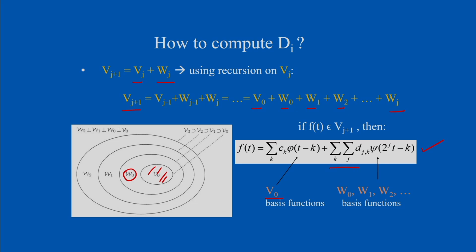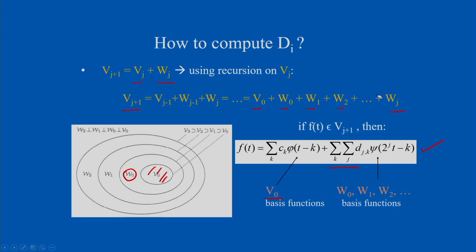Then I am considering the detail component, and this is for W naught, W1, W2, and I am considering the basis function psi. That means I am considering two basis functions, one is phi, another one is psi, to represent the function f(t).